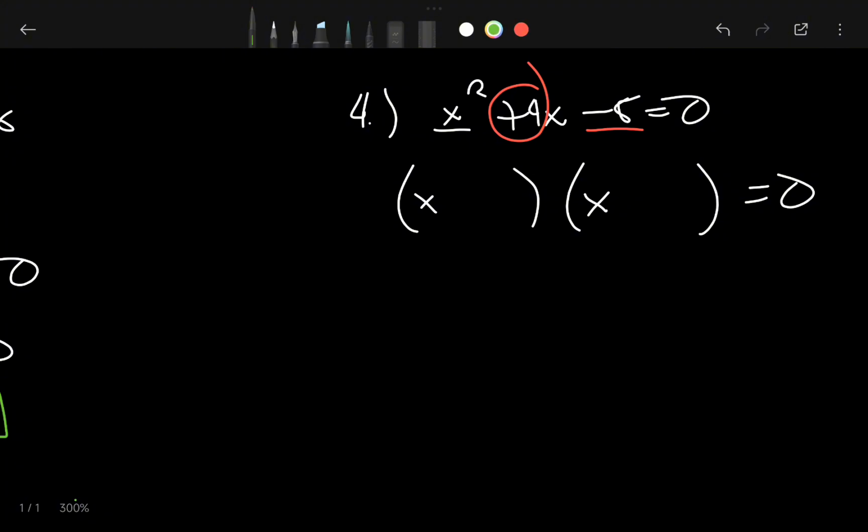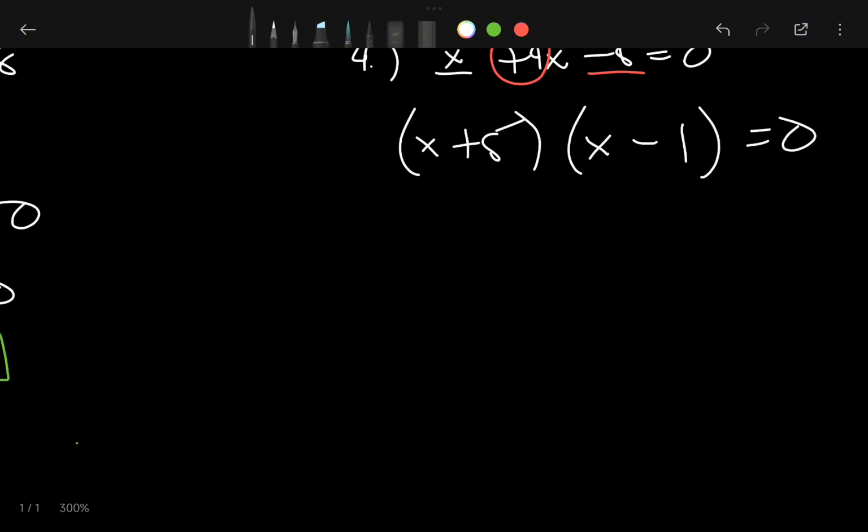Those two numbers are positive 5 times negative 1. If you multiply 5 times negative 1, this will give you negative 5. And if you add these two, this will give you positive 4. So these will be the second terms of our binomials. We have plus 5 here and we have minus 1.